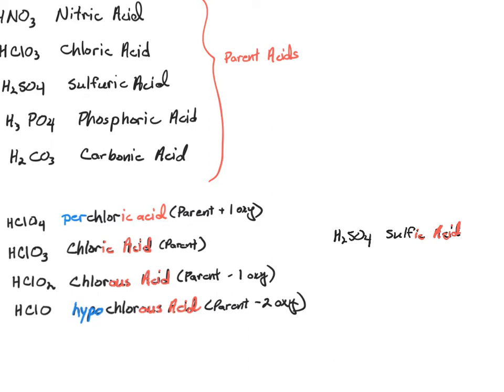But there's a version of this compound that has 1 less oxygen. This becomes H2SO3. Here we have 1 fewer oxygen, just like in the chlorine case, so we use the same suffix for having 1 fewer oxygen. So this becomes sulfurous acid.